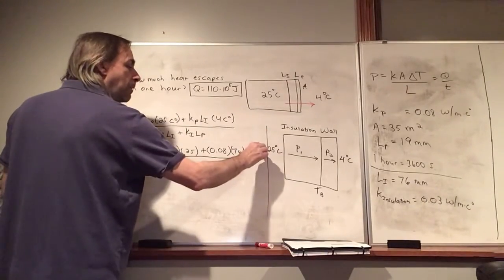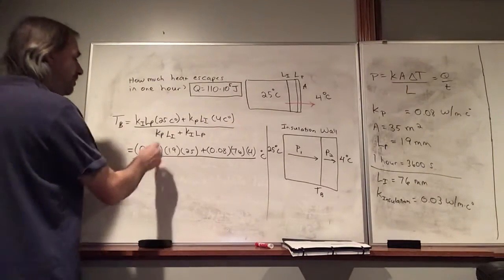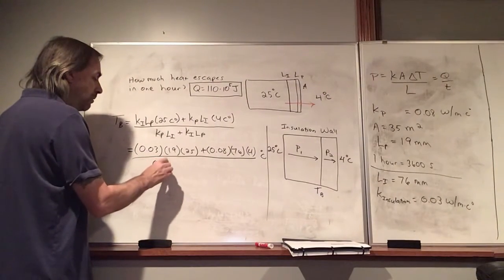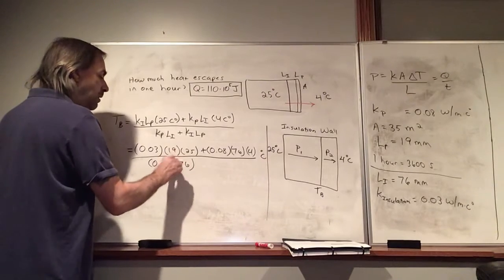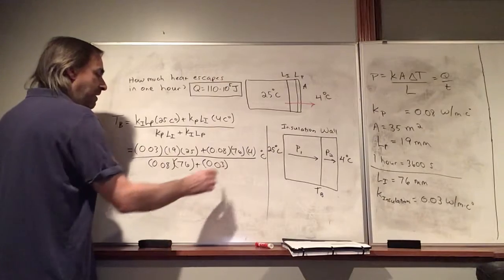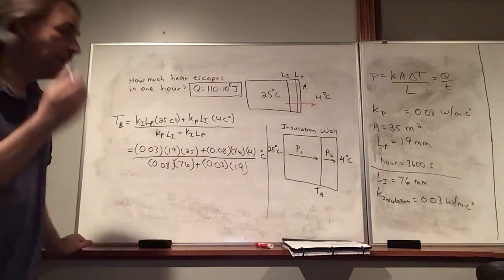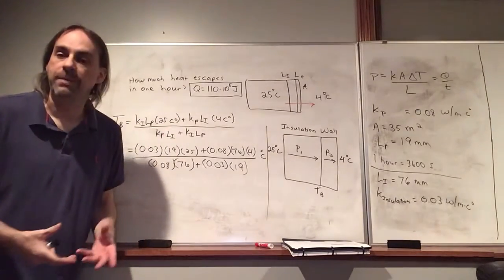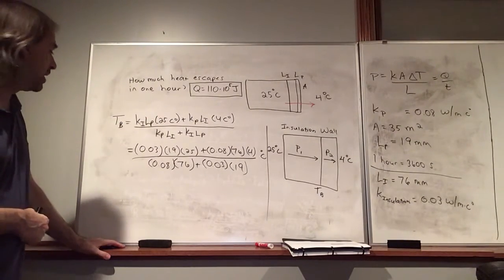Again, we're going to end up with a temperature in Celsius. And then we divide by K Lp plus K Li, so that would be 0.08 times 76 plus 0.03 times 19. So just plugging in the numbers. And again, as long as all the K's and L's are in the same units, they're going to cancel out, so we don't have to worry about those.